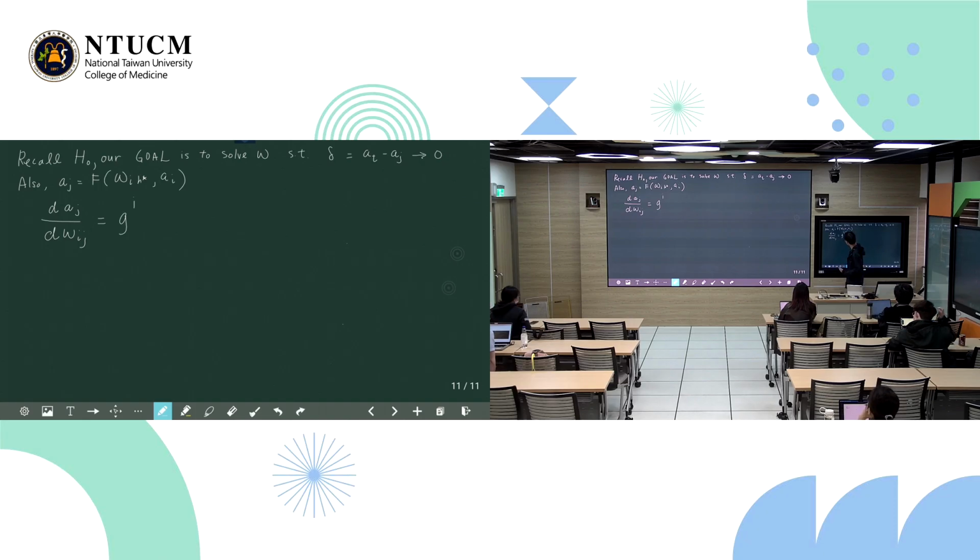Here, prime means derivative: you have some function g, and you take the derivative g prime. And this is going to be taking the input ai. That the change of the output with respect to the change of weights is going to be some derivative of the input, right? No problem?